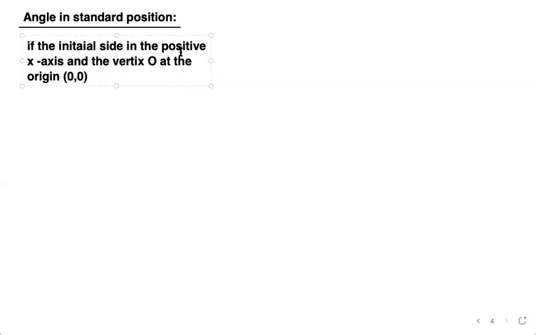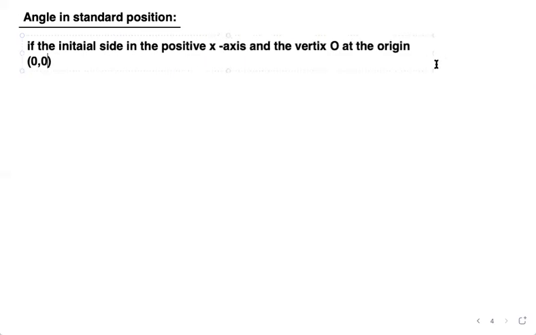So the two important conditions here are: the initial side is in the positive x-axis, this is the first important condition, and the vertex is at the origin.